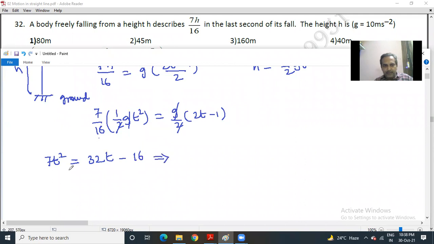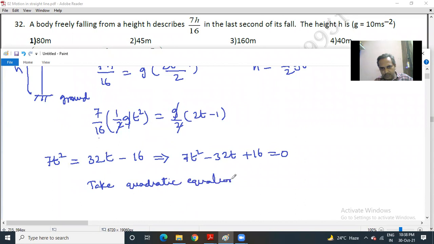So you can rewrite this equation as 7t square minus 32t plus 16 is equal to 0. So take the quadratic equation to determine the t value.